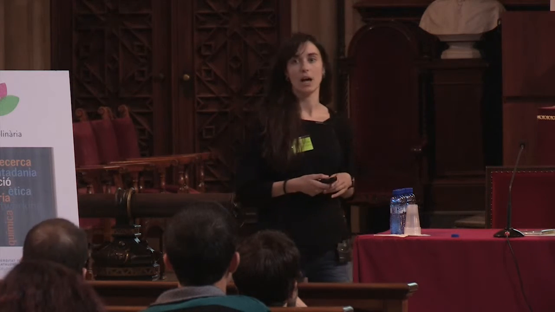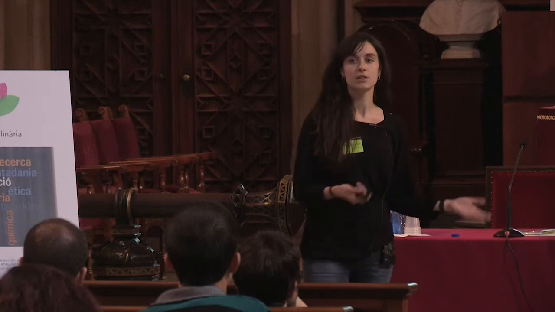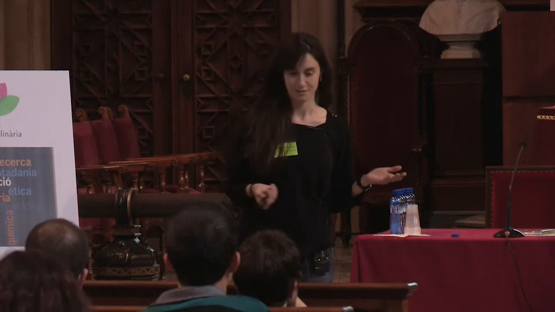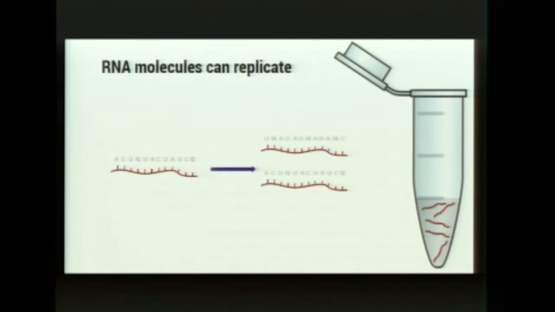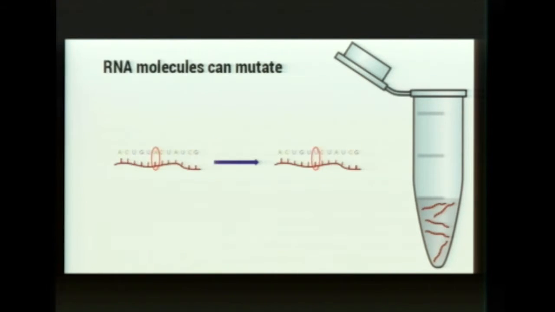So this is what I will try to reproduce in the lab. And to do so, I will use RNA molecules. Why? RNA molecules can replicate, so the heredity condition is fulfilled. And then RNA molecules can also mutate.